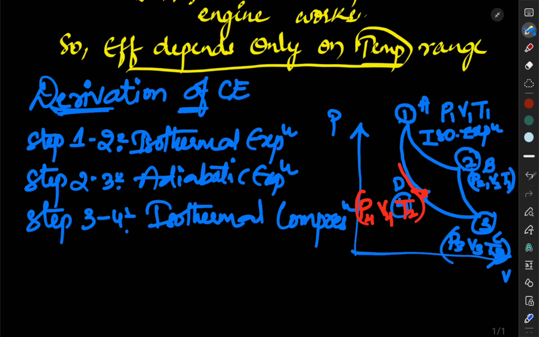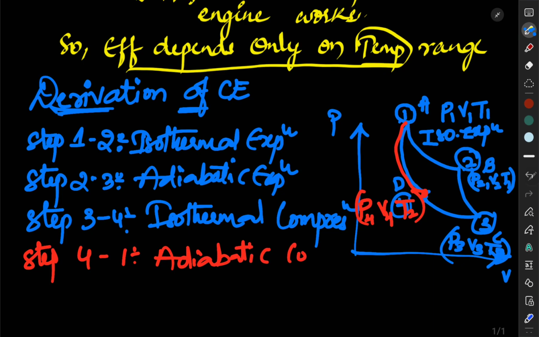And from 4 to 1, again adiabatic compression. Did you understand? Step 1 to 2, isothermal expansion. Step 2 to 3, adiabatic expansion. Step 3 to 4, isothermal compression, and again coming to the initial position, adiabatic compression.